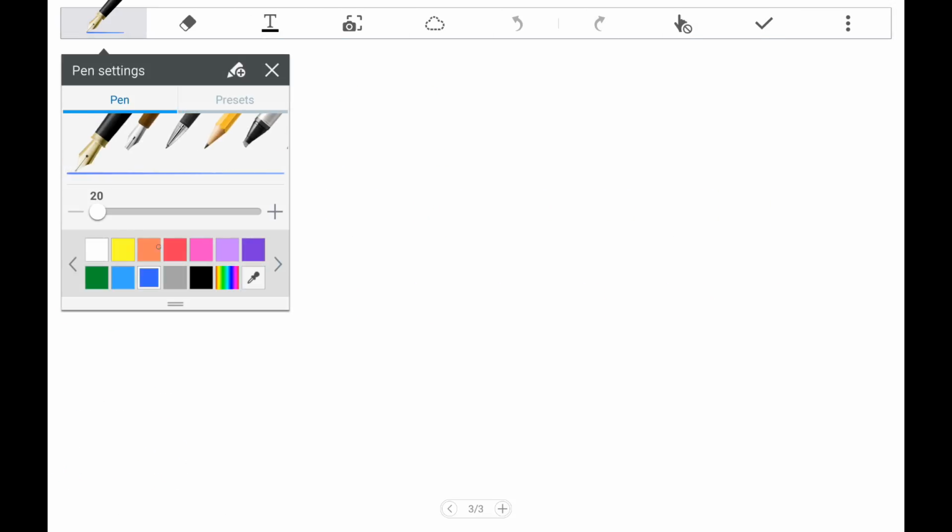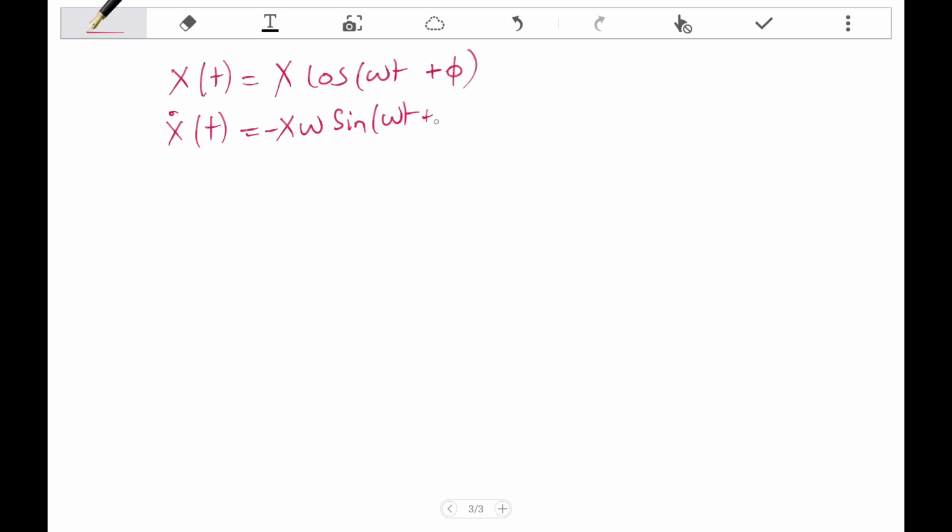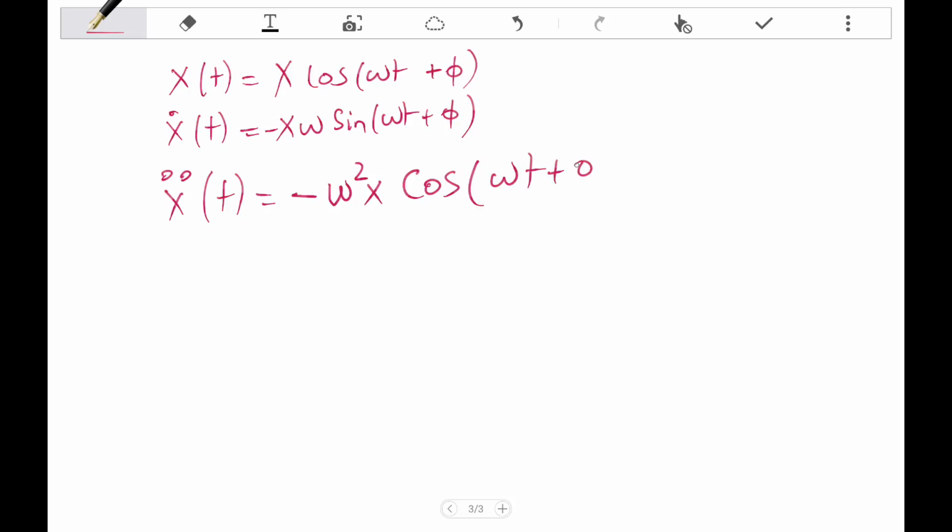Okay? So x of t equals X cos(omega t plus phi), and we're going to do x dot of t, that's going to be negative X omega sine(omega t plus phi), and then we're going to do the x double dot, which is negative omega squared X cos(omega t plus phi).